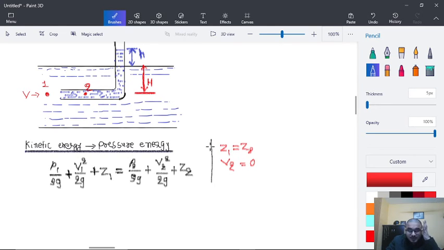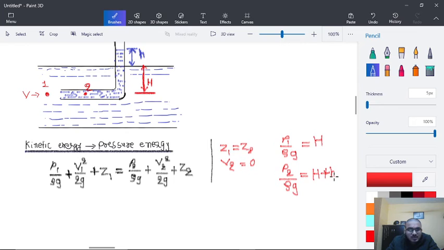And one more thing, that here if you see P1 upon rho g, then it is equal to the height h, and P2 upon rho g is equal to h plus h.